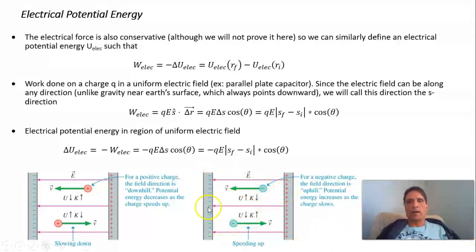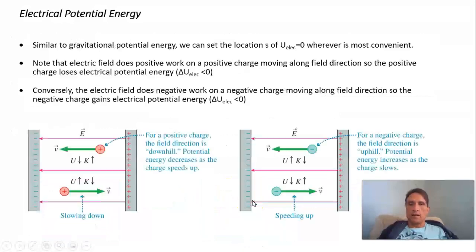Well, it's going to be repelled here, right? It's going uphill. So its kinetic energy is going to decrease and its potential energy is going to increase. So potential energy always increases when a charge is moving in the direction that it doesn't want to go in. It's going to gain potential, lose kinetic.